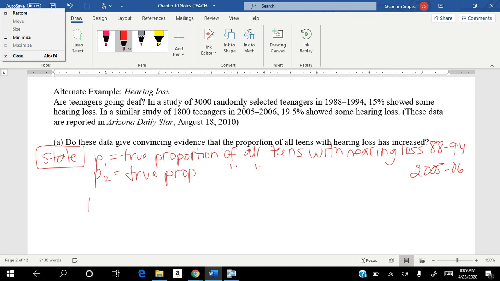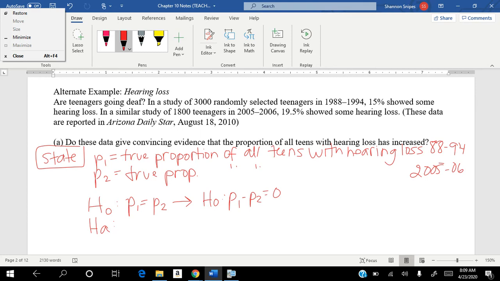Do your null hypothesis. Your null hypothesis is that these 2 proportions are equal, so they have not changed. And of course, we can write that as the null hypothesis, P1 minus P2 is equal to 0. And then our alternative hypothesis is we think that the second proportion is higher.